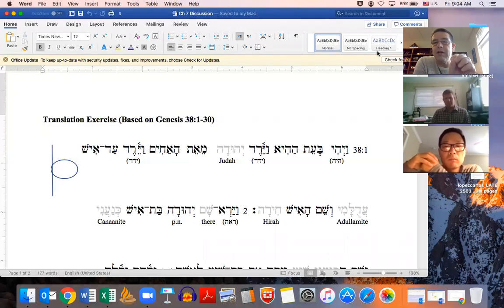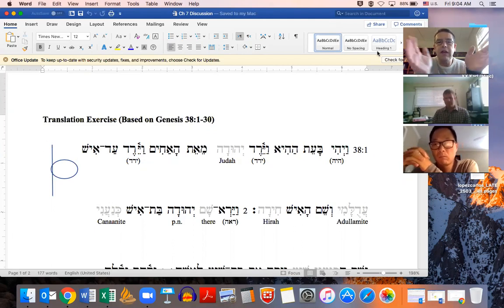At that point, all connection with the story is gone, and they're just trying to pronounce the words and get to the end of the sentence. And then they have to translate the sentence or verse, and when they move on to the next verse, it's hard to keep track of what's been said.